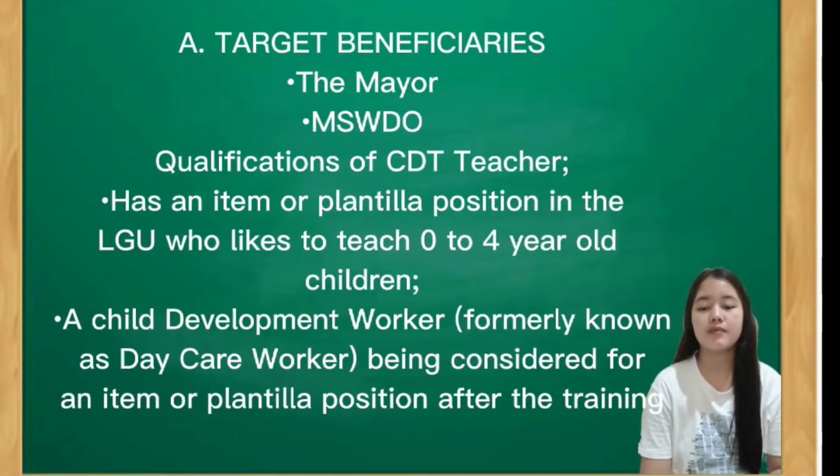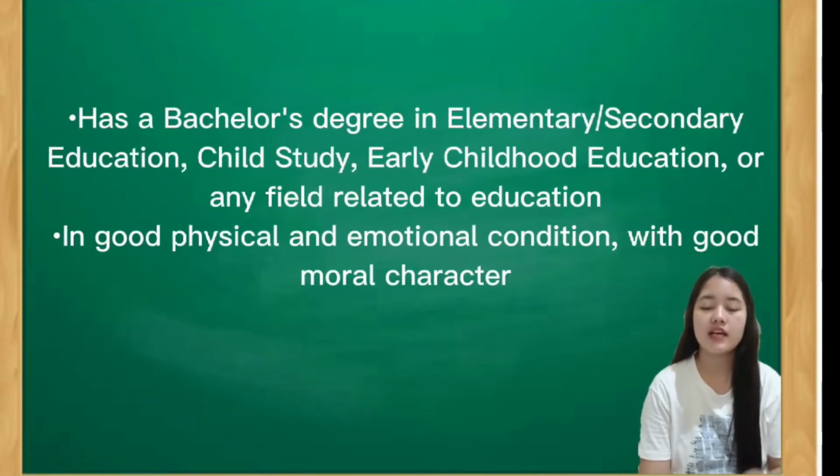First, has an item or plantilla position in the LGU, who likes to teach 0 to 4-year-old children, or a child development worker, formerly known as a daycare worker, being considered for an item or plantilla position after the training. Second, has a bachelor's degree in elementary, secondary education, child study, early childhood education, or any field related to education. And the other qualification is being in good physical and emotional condition with good moral character.